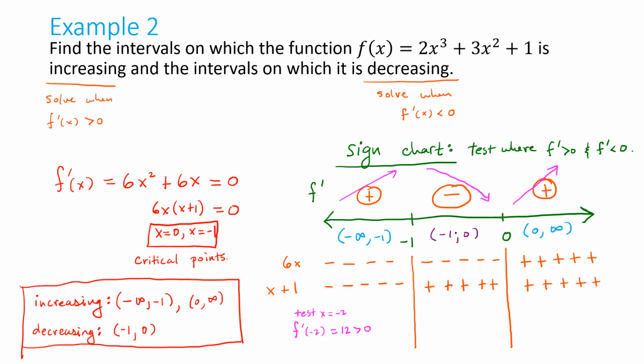Here, maybe this one's a little trickier, I could choose f prime of -1/2, for instance, and you'd see you get a negative value. Or here f prime of, say, +1, and you'd see that you get a positive value. So this is just picking a test value, and x equals -1/2 is a test point.